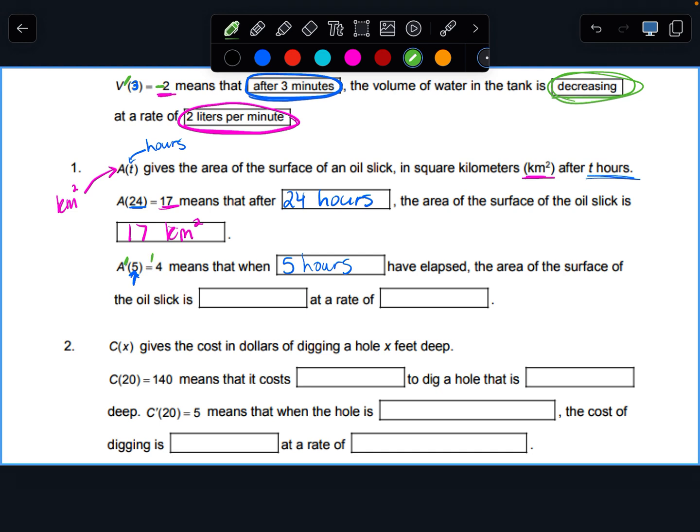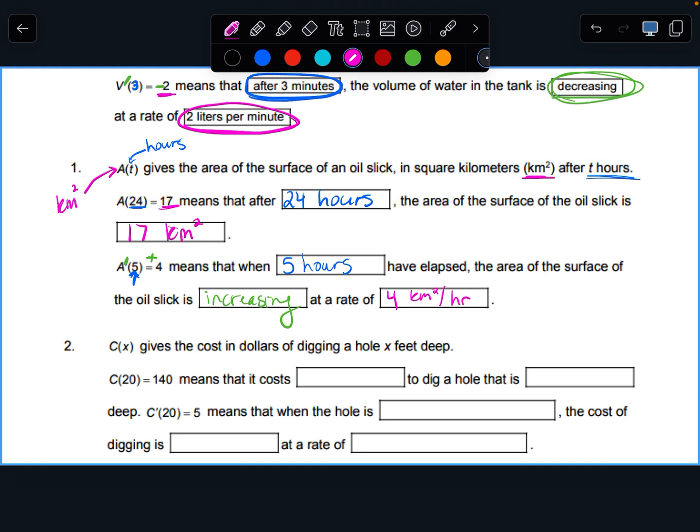And because it's positive, you're going to say it's increasing at a rate of 4, and then you look at your units and do the slope thing. So you're going to go kilometers squared per hour.